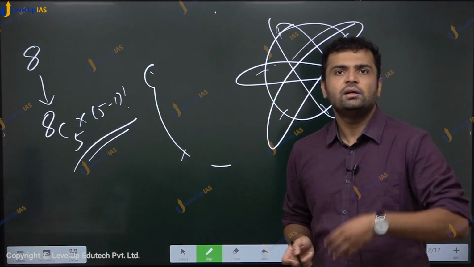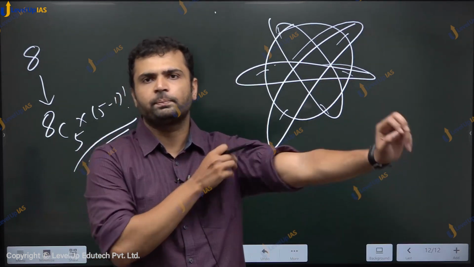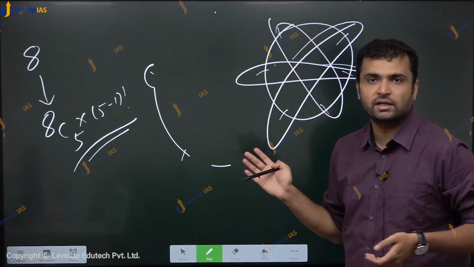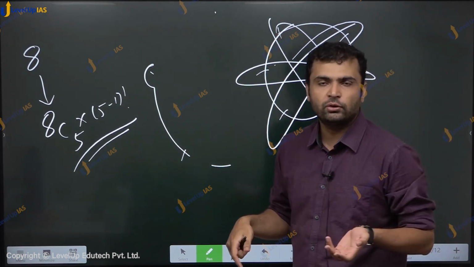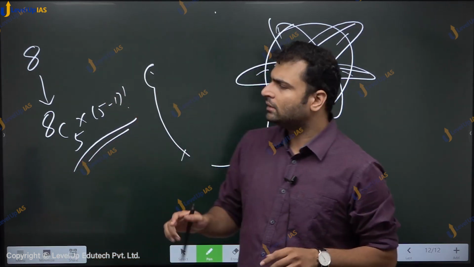Take it one place, rearrange others, and then just multiply, because if the chairs are numbered, then you can act according to that. If chairs are identical, then no need to consider separate cases. Fine.